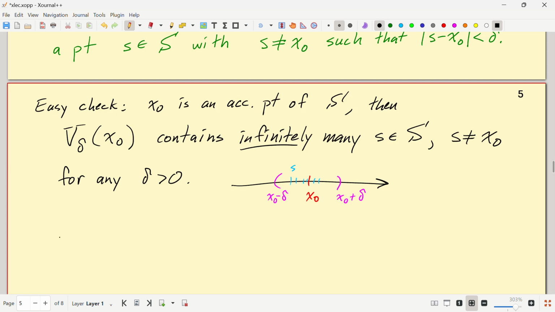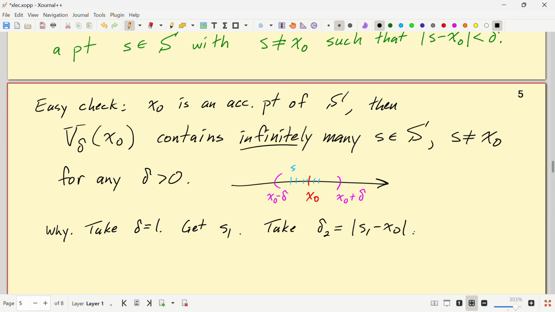Okay. So here's why. Take delta 1 to be 1. I'd get an s1. And then I would take delta 2 to be equal to |s1 minus x naught|.